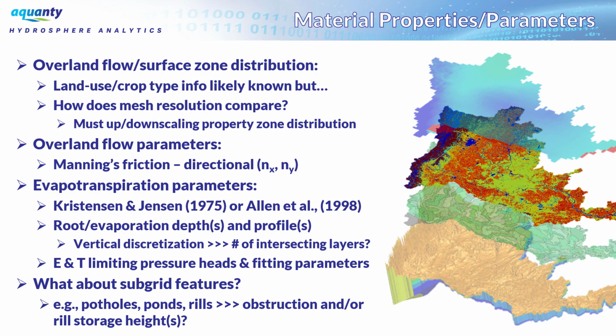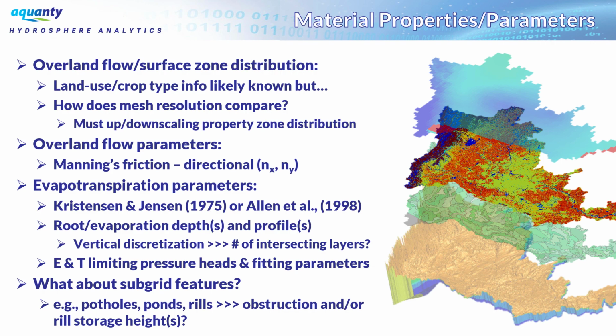And again, we want to think about subgrid features, potholes, ponds, rills, and other small scale topographic features that will significantly impact surface flow. Is it necessary to represent each one of these types of features as a discrete element when we're defining the model mesh?